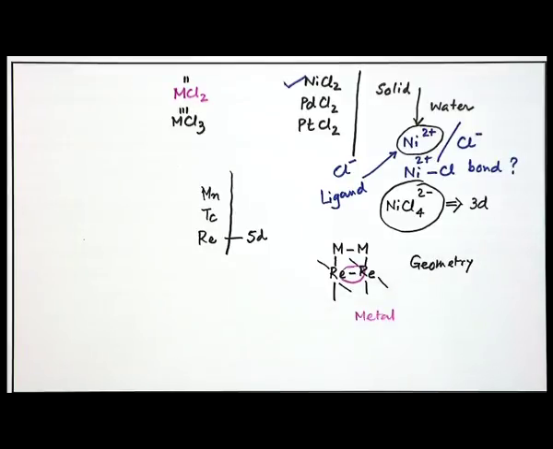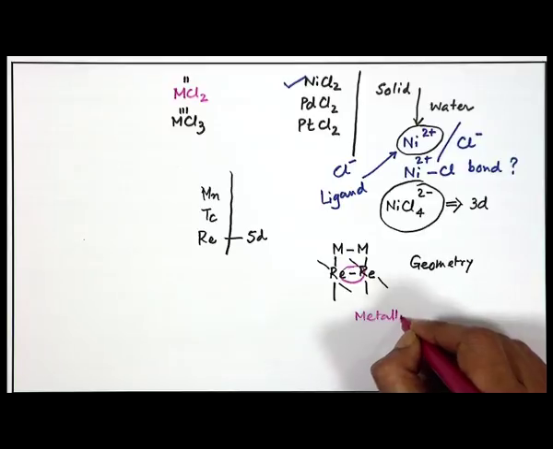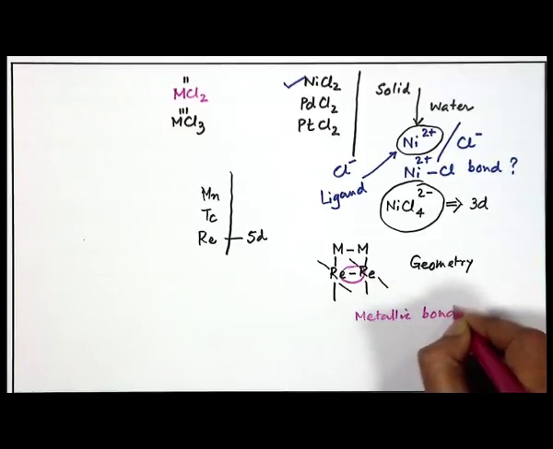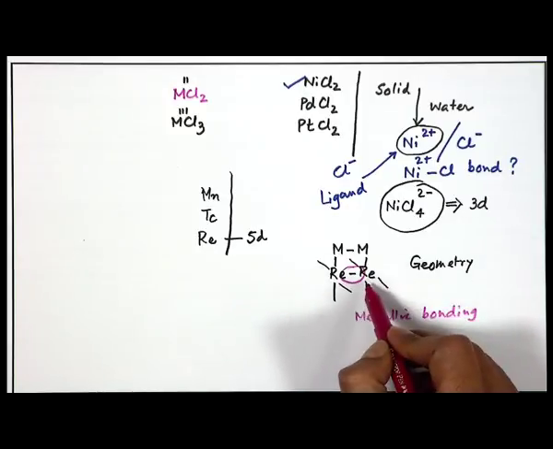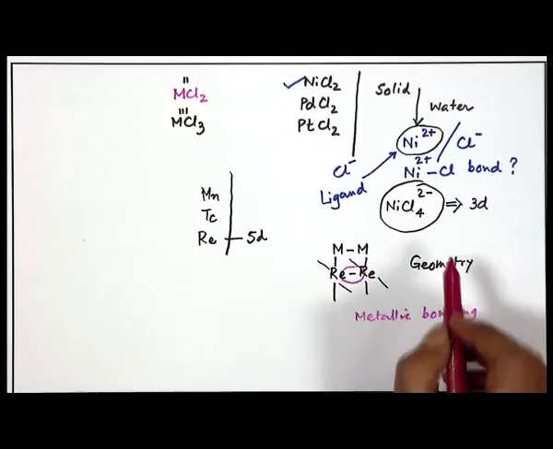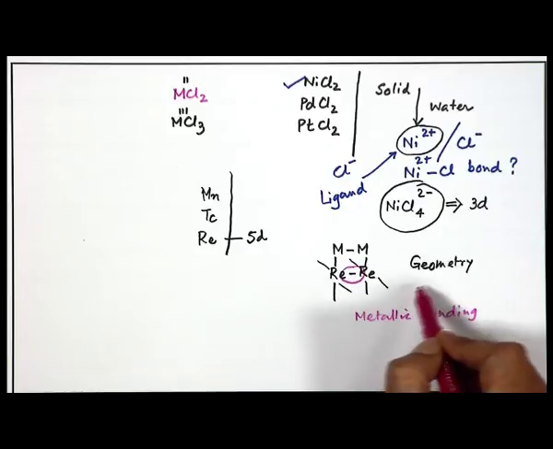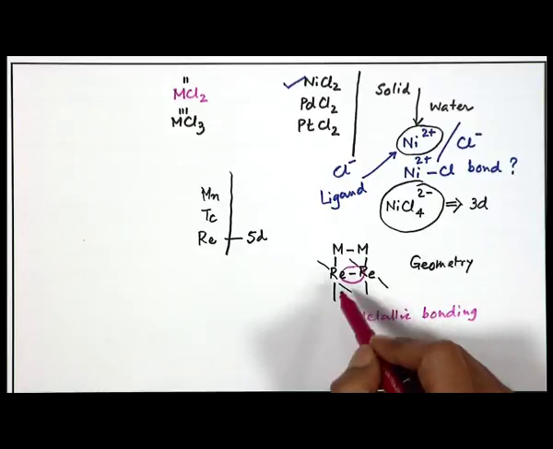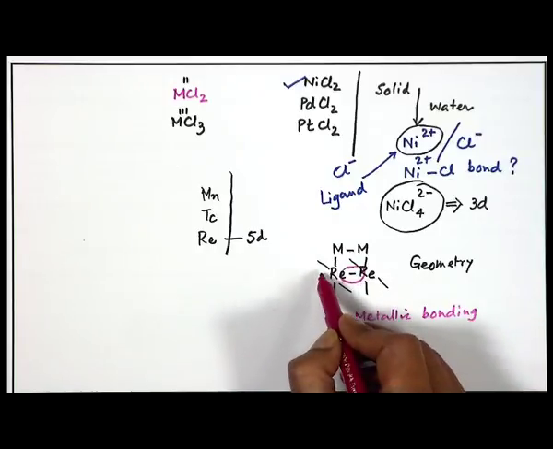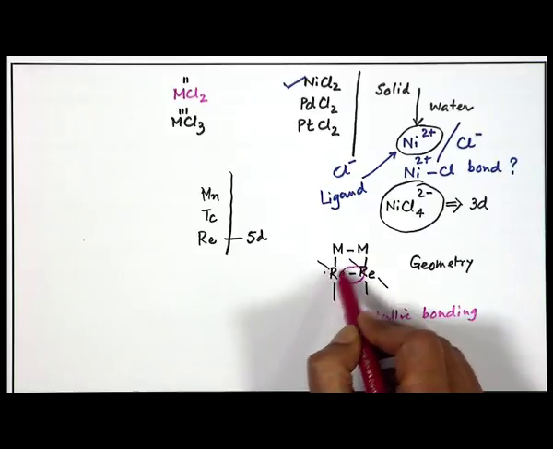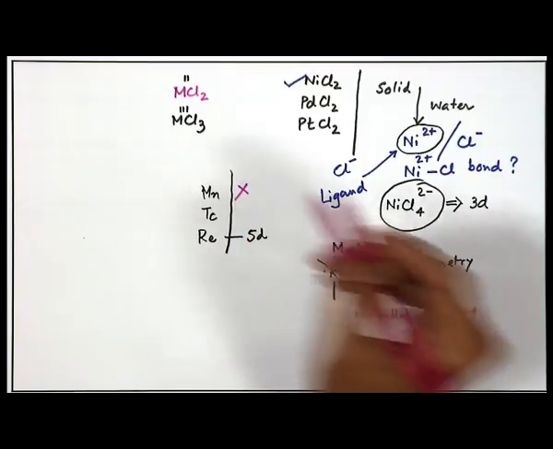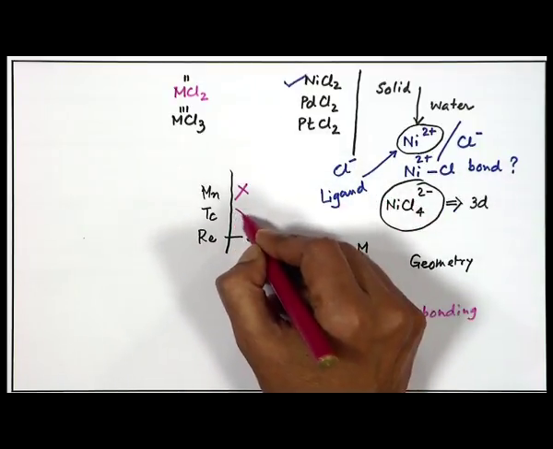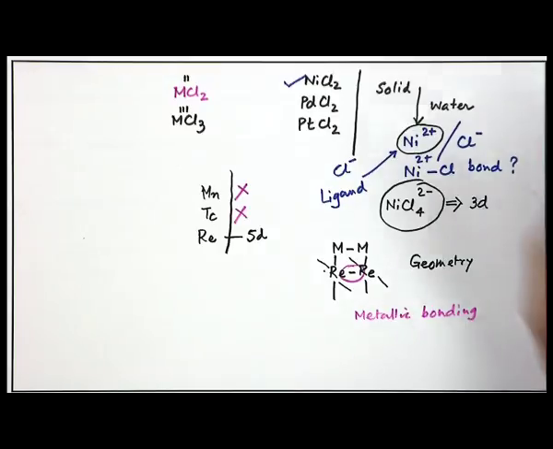In the free metal we have metallic bonding, and if that sort of interaction is still present in these ionic inorganic compounds, we can still have some metal-metal interaction, which is only present when you have bigger 5D orbitals. It is not present in the case of 3D orbitals and also not present in the case of 4D orbitals.